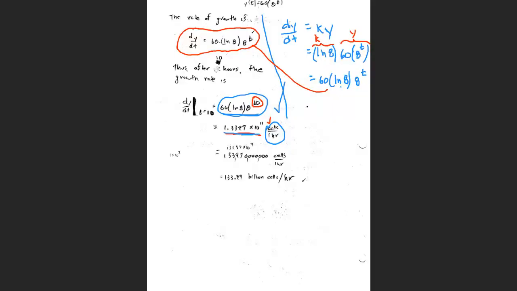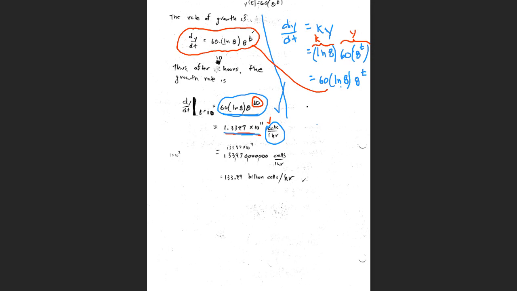Now, what happens is, like in WebAssign for your section 7.4 assignment, which is going to be due on Sunday, they might say, give the answer in terms of billions of cells per hour. So how can we get billions of cells per hour? How can we get it to look like that?